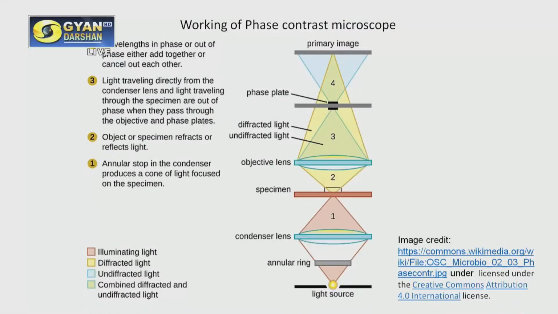The phase plate differentiates the phase shift of the light, and it further goes to the primary image at the eyepiece.